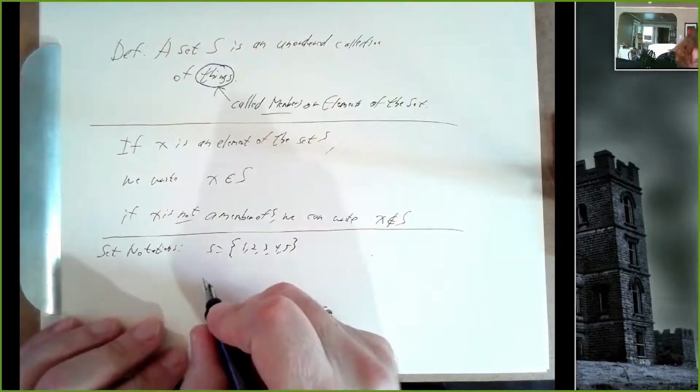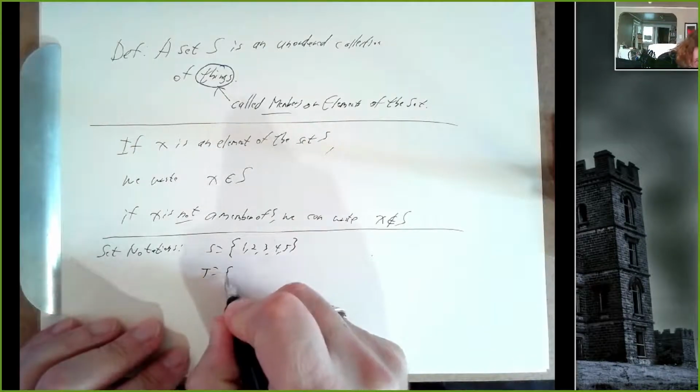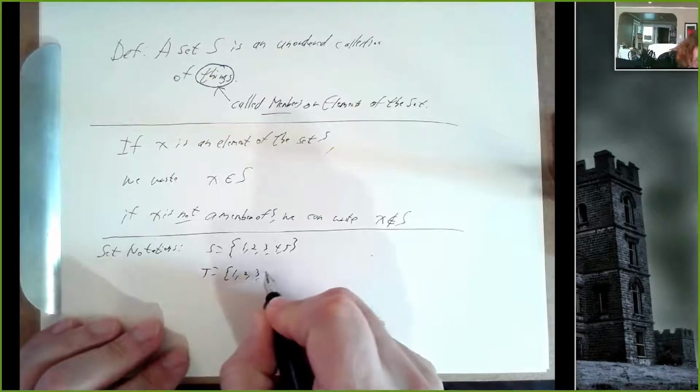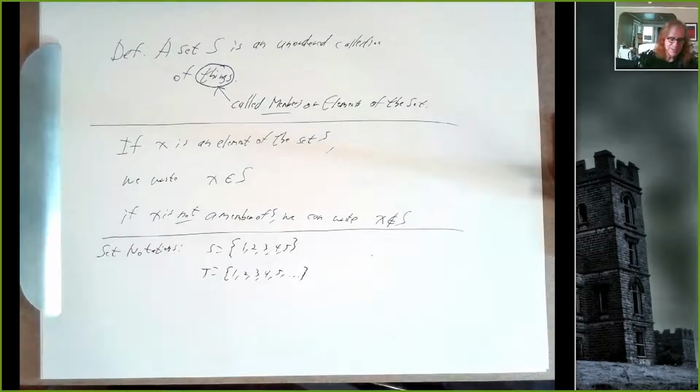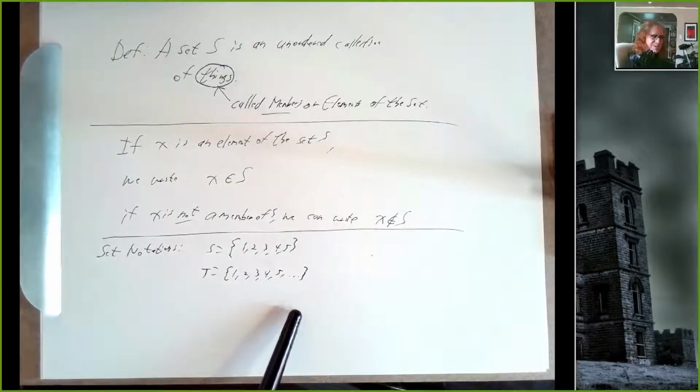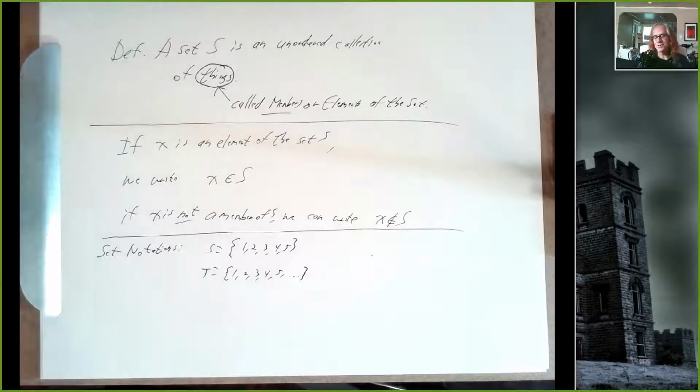We could say something like, set T equals {1, 2, 3, 4, 5, ...}, etc. Now this can be a little slippery. Most of us, if we saw this, the ... would mean 6, 7, 8, 9, 10, all the positive integers. But it's not totally without ambiguity.